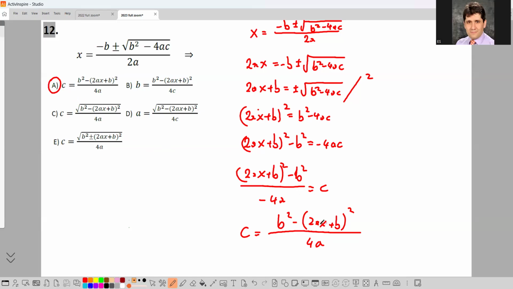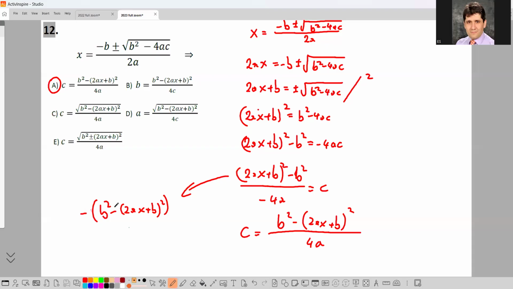Now, if somebody is wondering what happened here, the numerator can be written as negative b squared minus... no, as negative of 2ax plus b squared minus b squared, like this. It can be written in one of these forms, so both are the same.